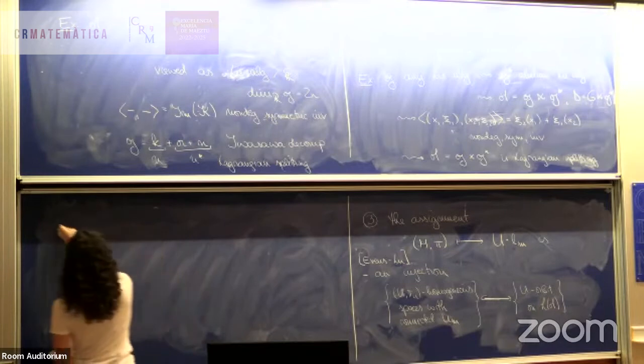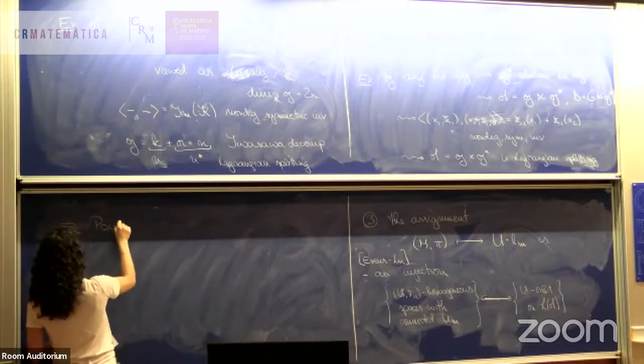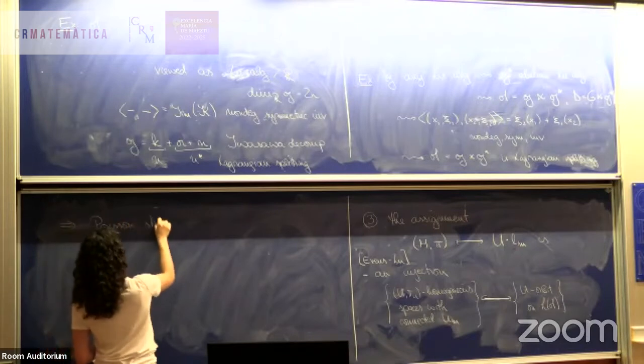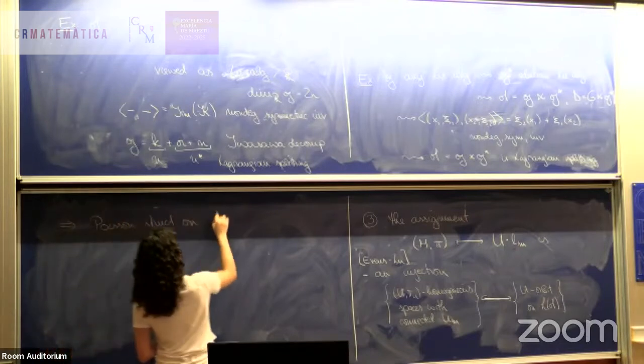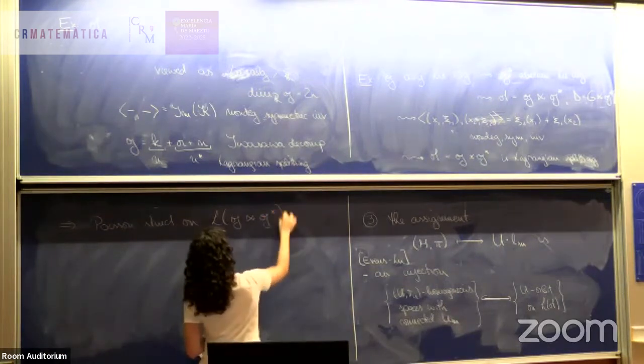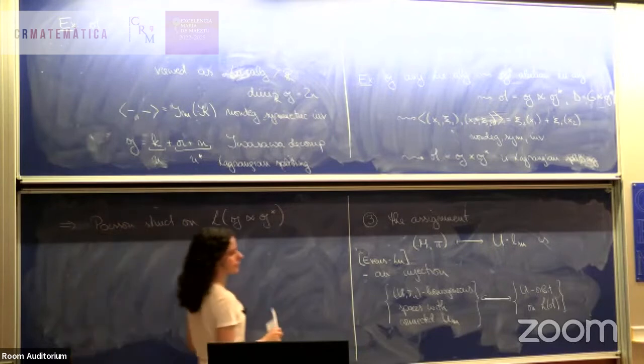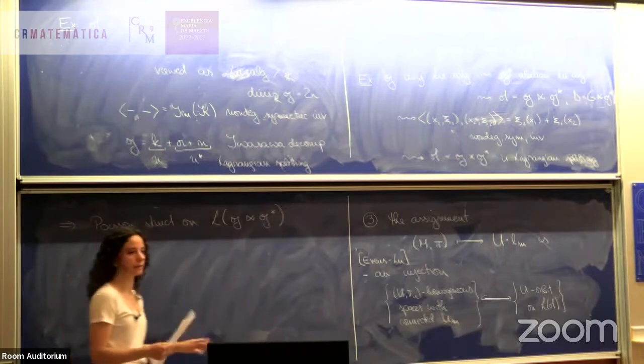So this gives us a Poisson structure again on the variety of Lagrangian subalgebras of G semi-direct product G star. But now this variety and the Poisson structure are extremely mysterious.